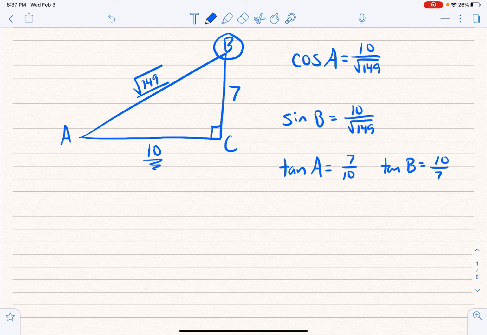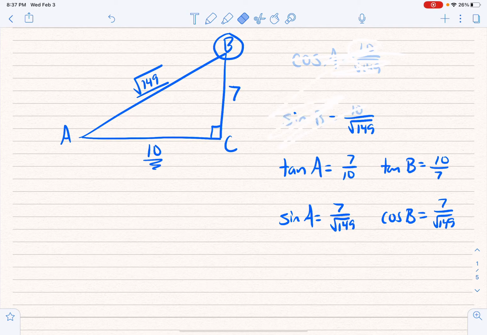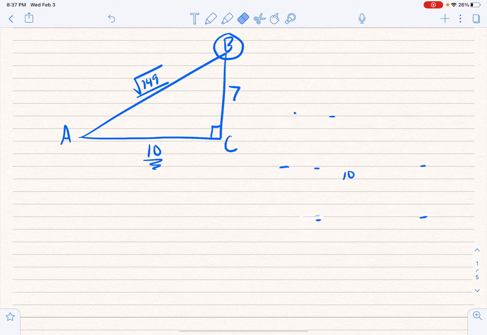And we could do the sine of A. We could say that the sine of A is equal to 7 over the square root of 149, or we could say the cosine of B is equal to 7 over the square root of 149. We got all sorts of options. So we got 6 different ways to figure out these angles. This is really easy, okay? But we're just going to go ahead and pick one. It makes no difference which one you're using. You will get the exact same values. And if you don't, you did something wrong, okay?